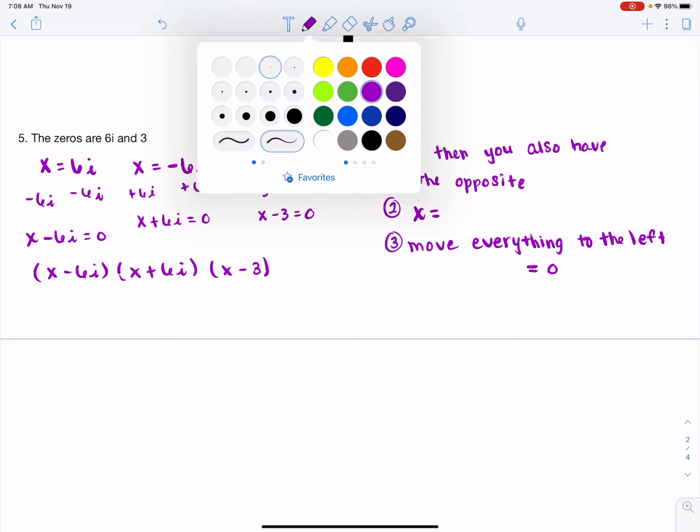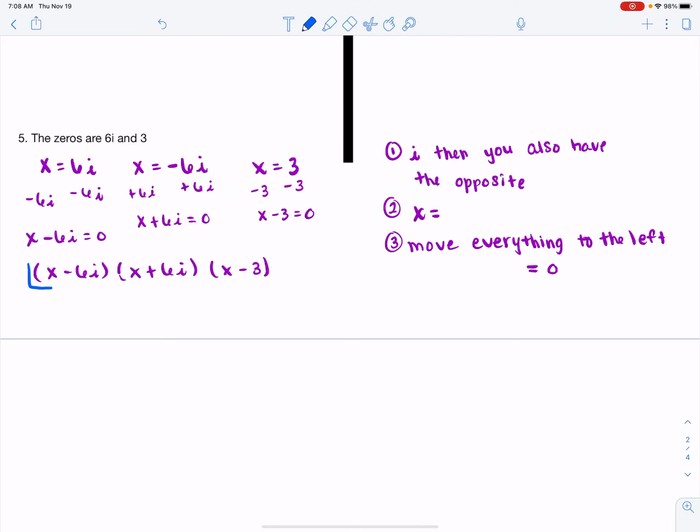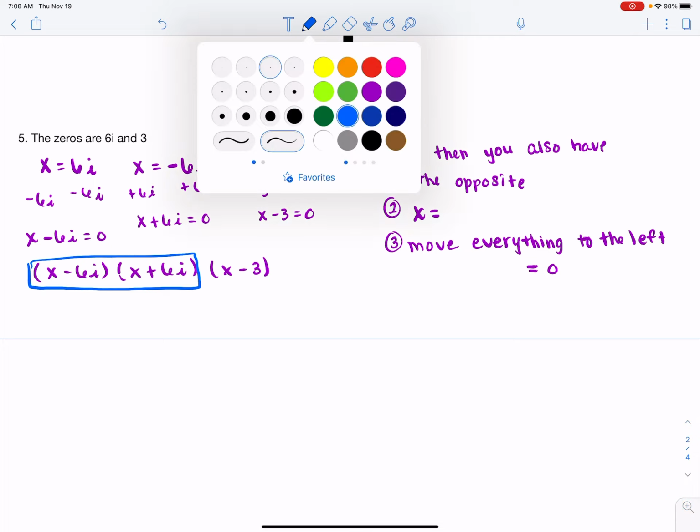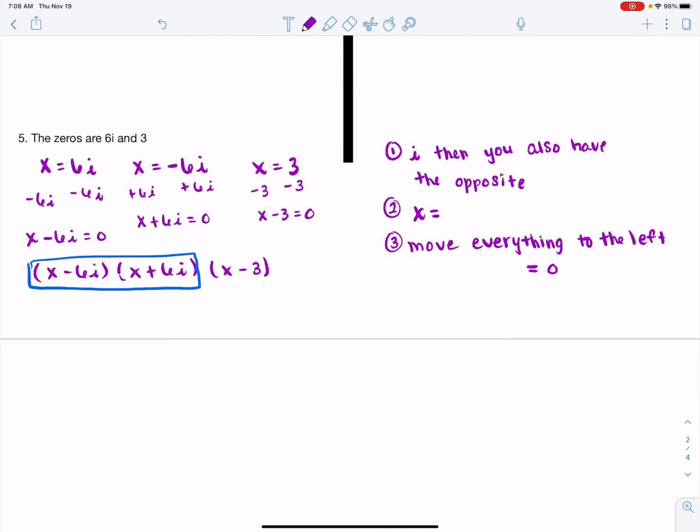You can only multiply 2 at a time. So I'm going to multiply these 2 first. Okay? It's only 2 binomials, so you could use a box or you could FOIL. It's totally up to you. I'm going to FOIL or distribute. So x times x, x squared. x times 6i, 6ix. Negative 6i times x, negative 6ix.